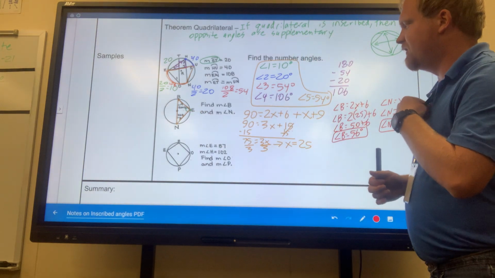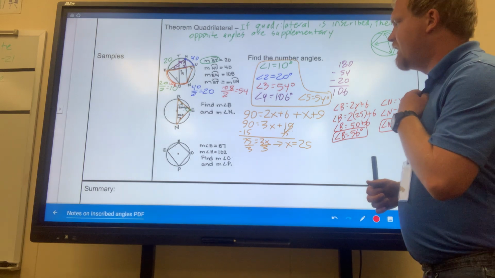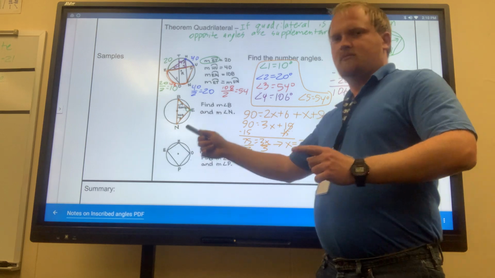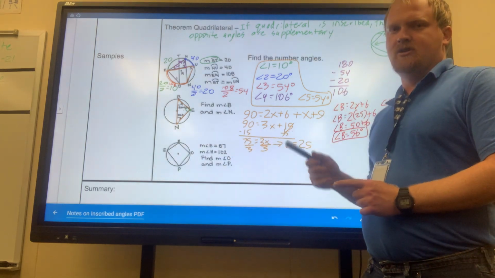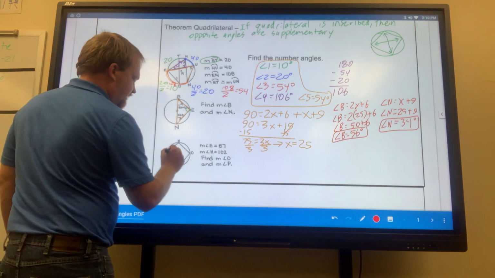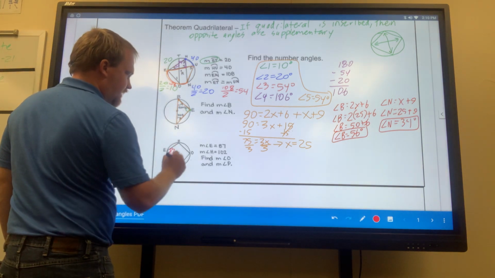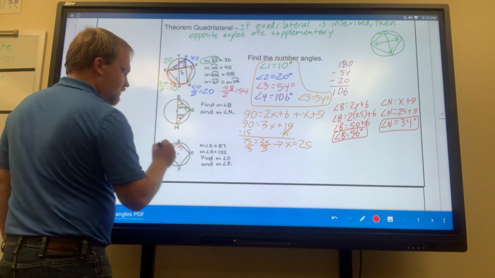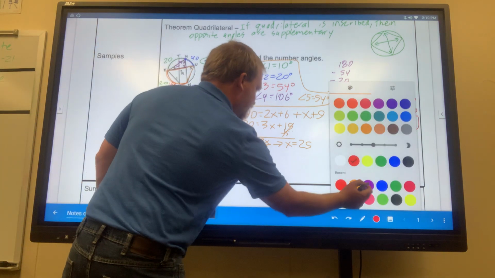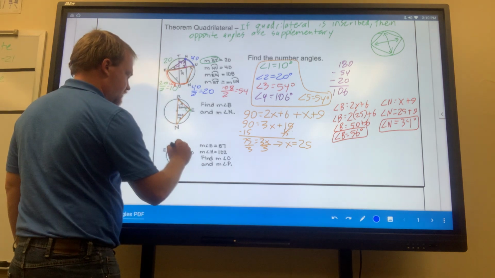Next, and lastly, we have a quadrilateral. But remember, opposite angles are supplementary. So if I know that this is 87 right here, H is 102, and let me use a different color so we can distinguish which one's which.